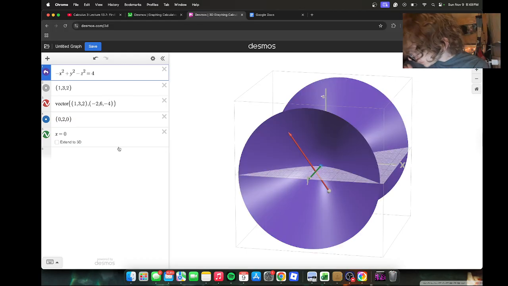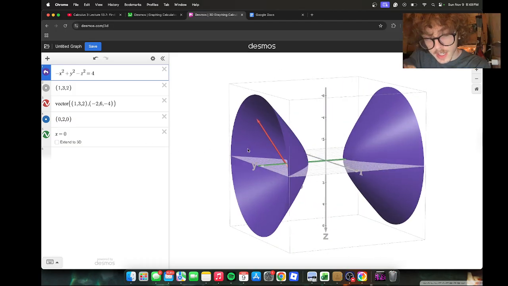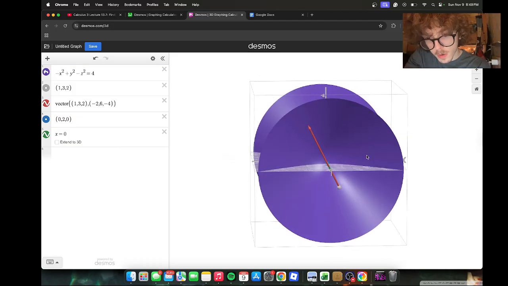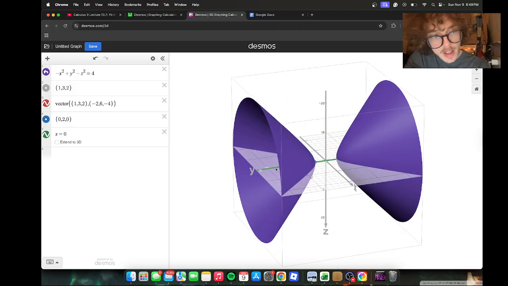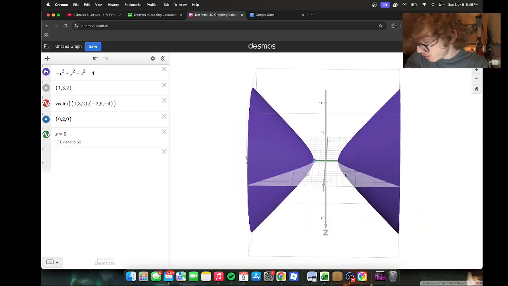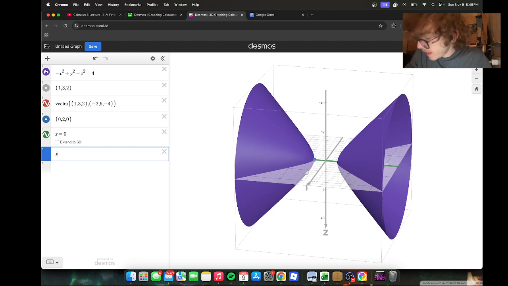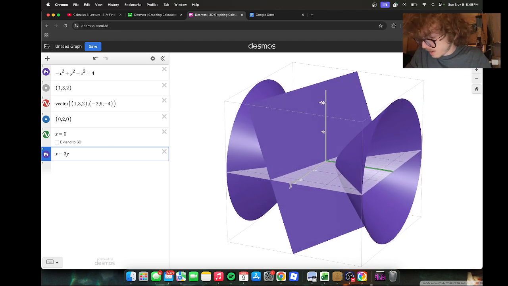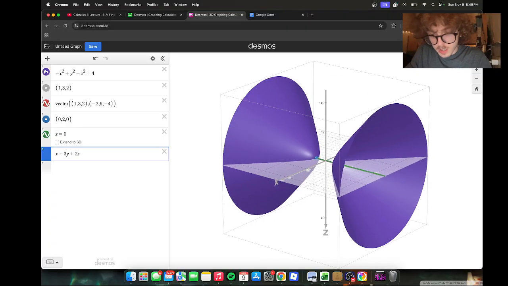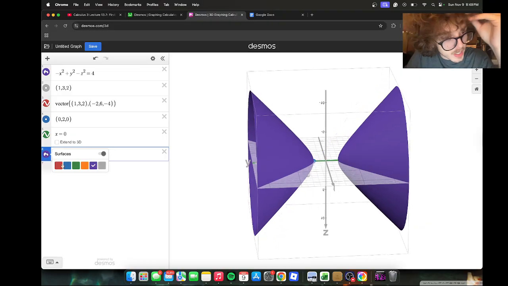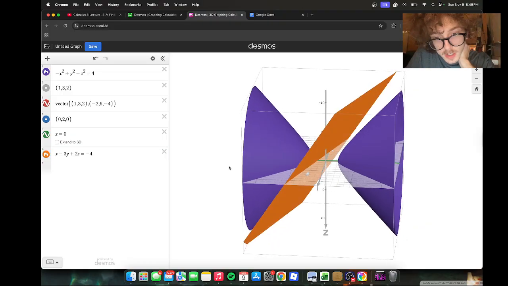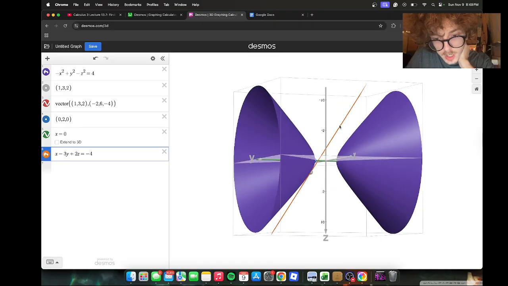So let's put in our tangent plane now to show the tangent plane at that point. So we assign the normal and we visualize kind of how that normal looks. Now let's put in a plane. So all we have to do is type in our plane, x minus 3y plus 2z equals negative 4. And let's call this plane a different color, right? It's kind of hard to see. So let's give it a nice orange color.